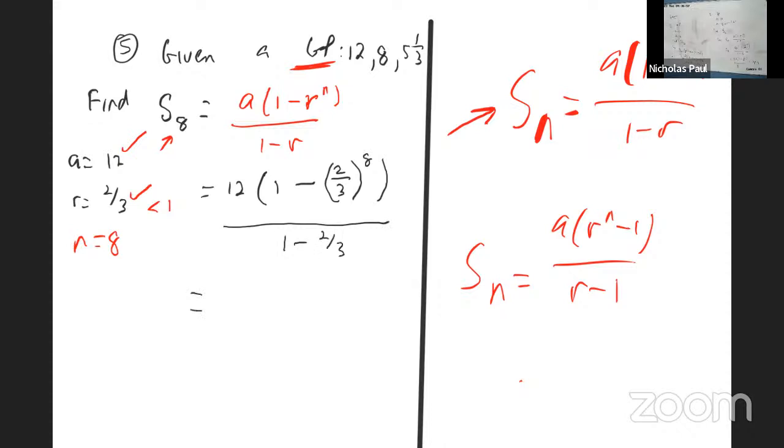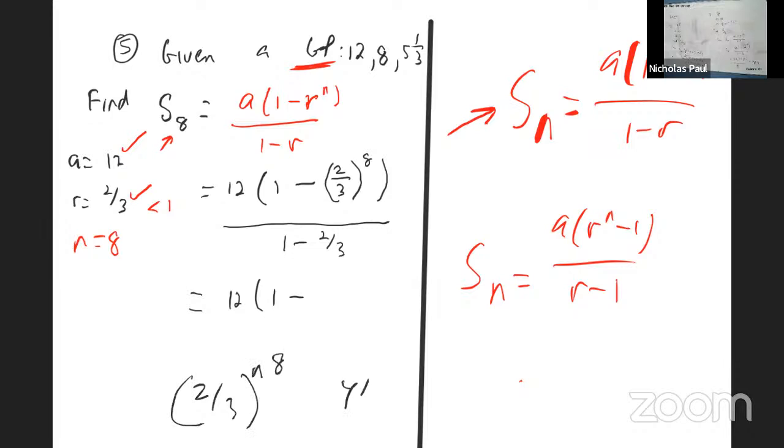Right, I suspect some people are struggling to put this in the calculator, so here's what to do. 12 by 1 minus, go take the calculator and find 2/3 to the power of 8. Tell me what you get. You're pressing 2 fraction 3 in brackets and putting to the power of 8.